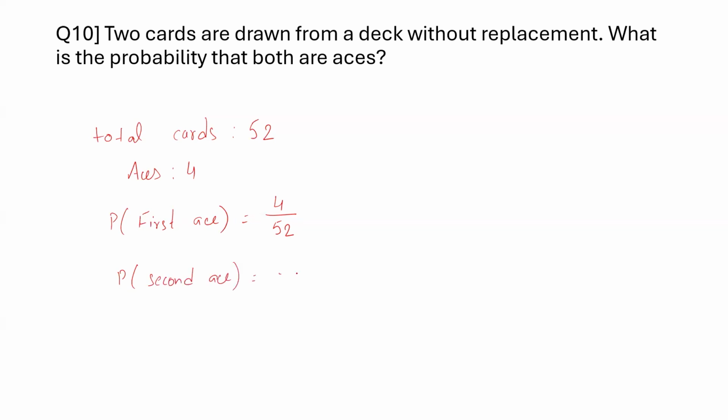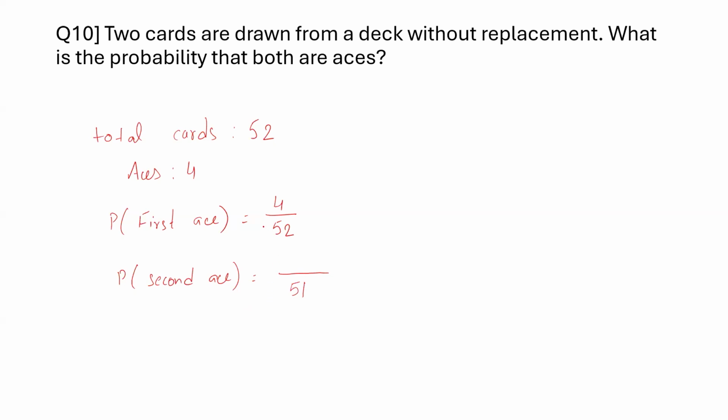Now how many cards do you have in the deck? Because once you have picked one card, you are not putting it back, right? So this time you have only 51 cards.